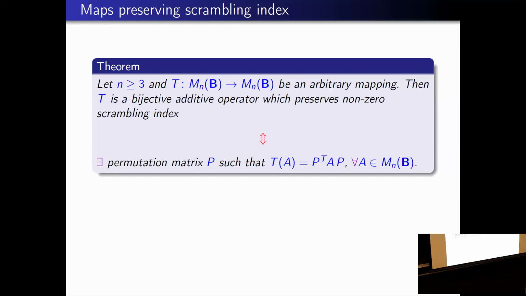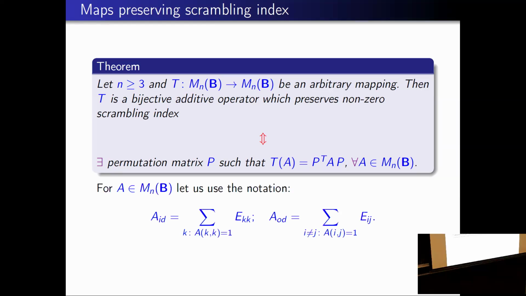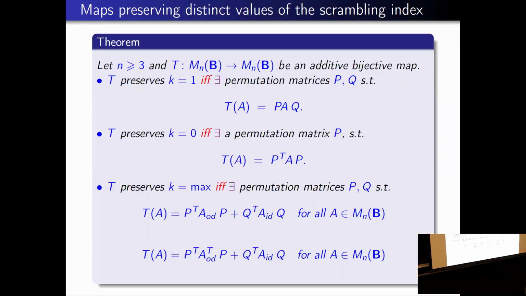So there always exists a permutation matrix such that your map is like this. And in this case additive means linear, or just additivity is enough. But you could consider diagonal and off-diagonal parts separately. And here is the complete result.